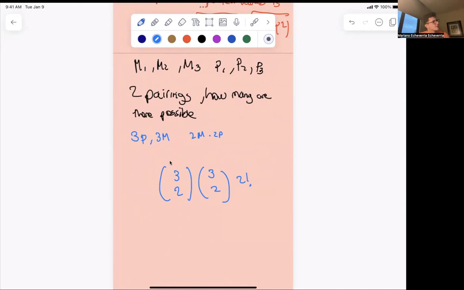Yeah, I think so. 3 choose 2 is 3 factorial over 2 factorial times 1 factorial, right? And so that's just 3. And so this is 3 times 3 times 2.